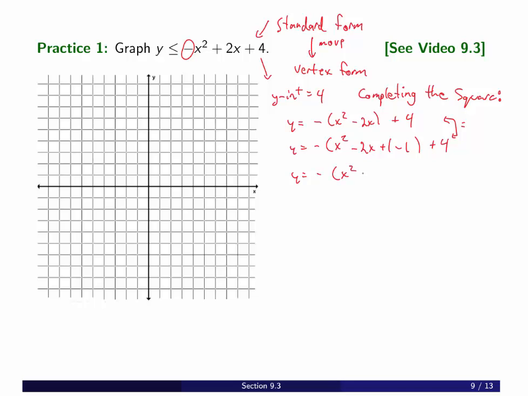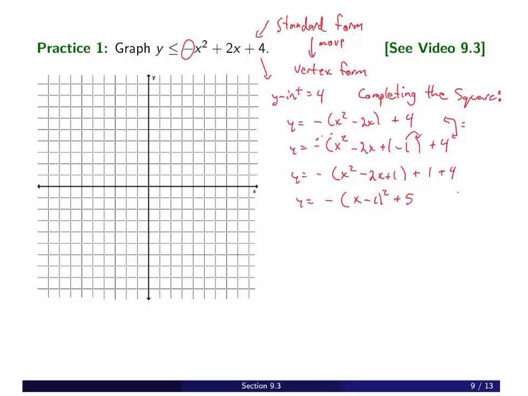However, now I'm going to take out this term. This negative out front multiplies it to give you +1, plus 4. This is a perfect square, x minus 1 squared, and plus 5.